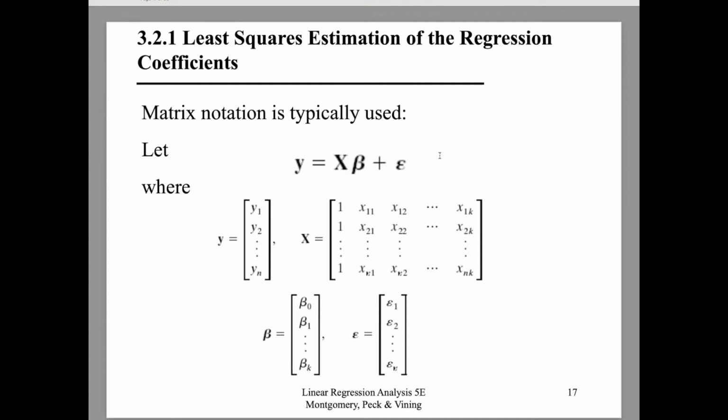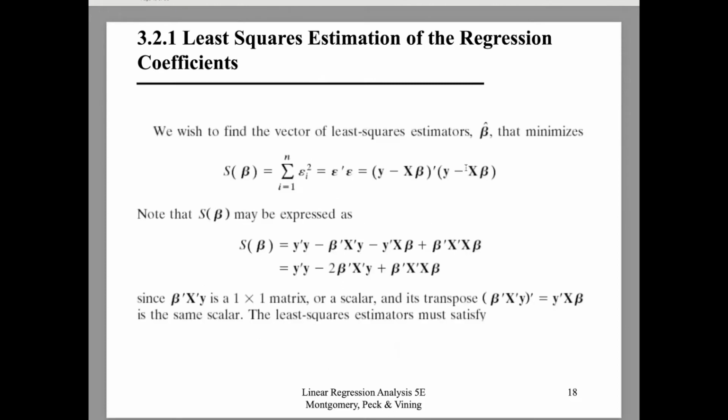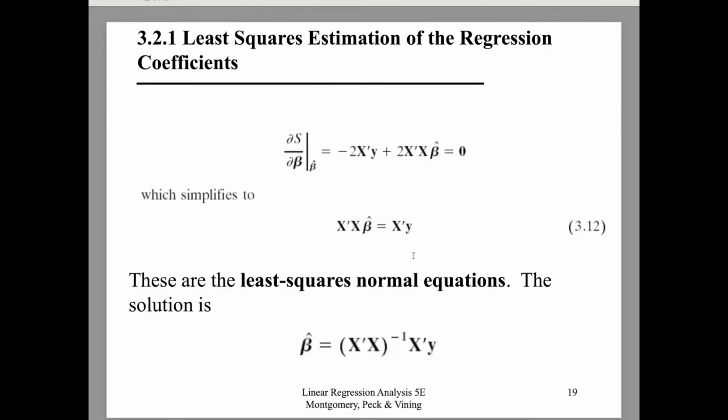But this is the model for the collection of regression equations expressed as a single matrix equation. Now, I'll skip over the details here, but we'll go right to this slide, which shows the formula, again expressed using matrix notation, of the least squares estimator of beta. So beta hat is equal to the inverse of X prime X times X prime Y.